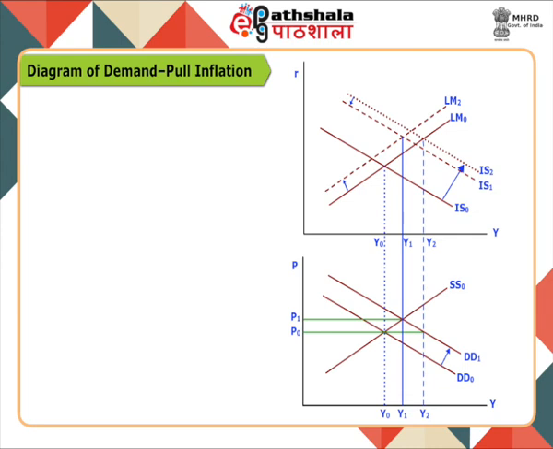At Y1 level of output with price level P1, all markets would clear and be in equilibrium. Hence, when demand pull inflation arises, there is simultaneously an increase in the level of output also.